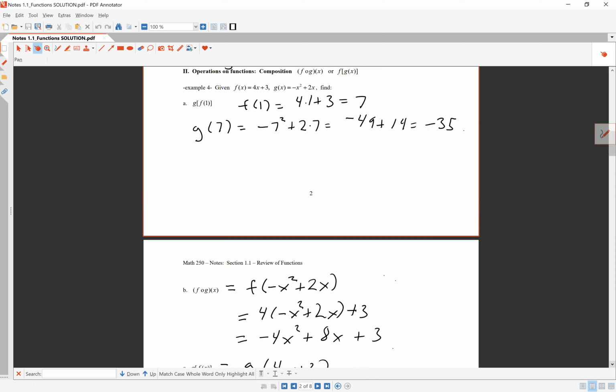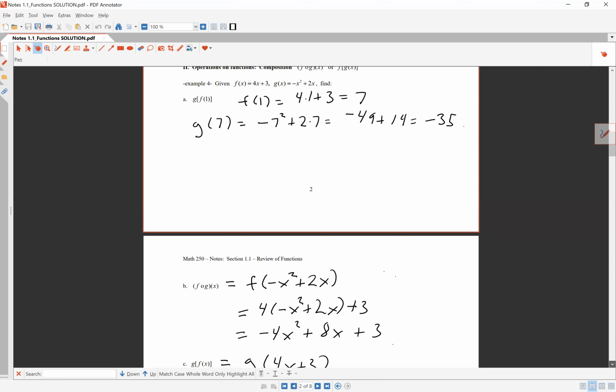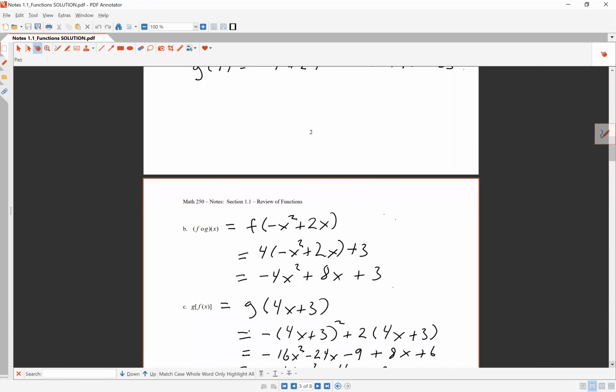So for f of g of x, wherever you see x, you just replace it with minus x squared plus 2x. So it's 4 times minus x squared plus 2x, plus 3. And you just multiply each term by 4, and you get minus 4x squared plus 8x plus 3.